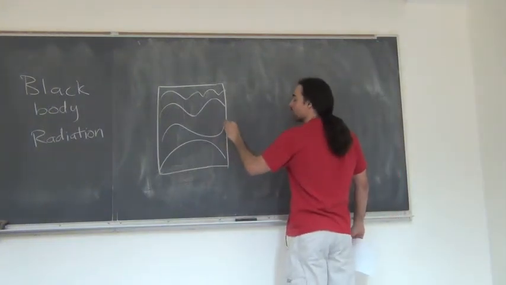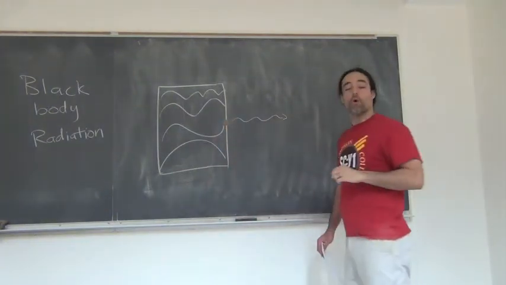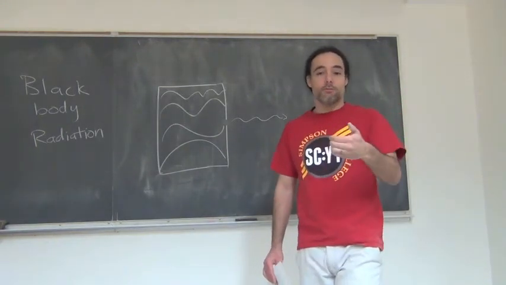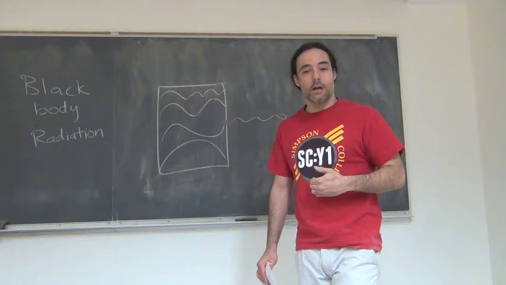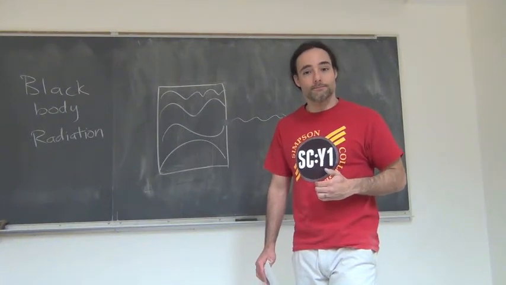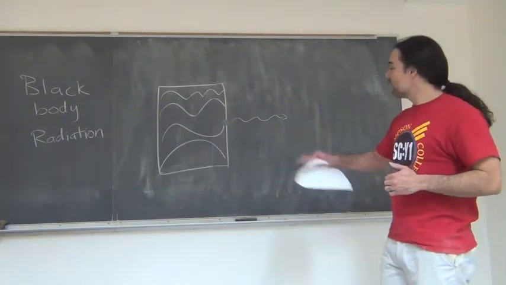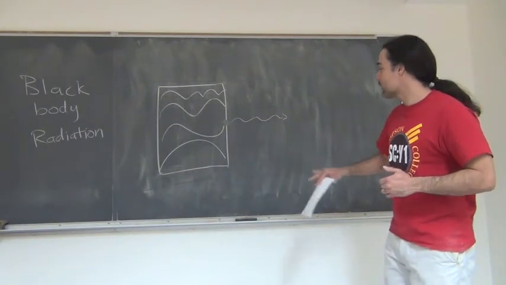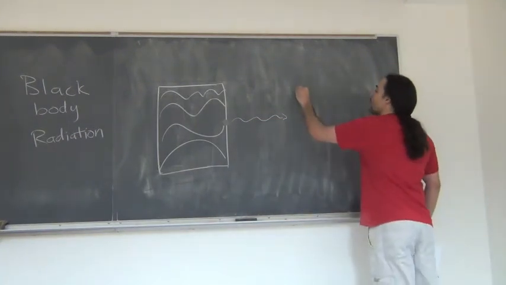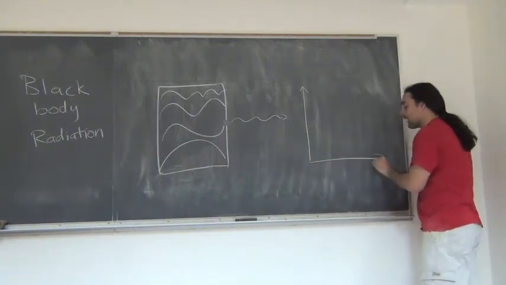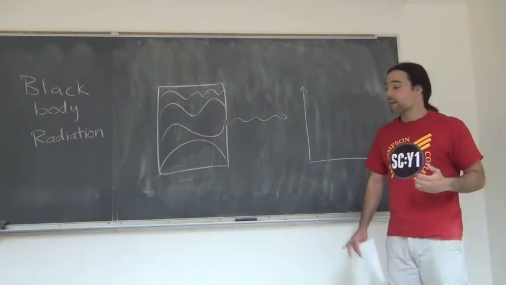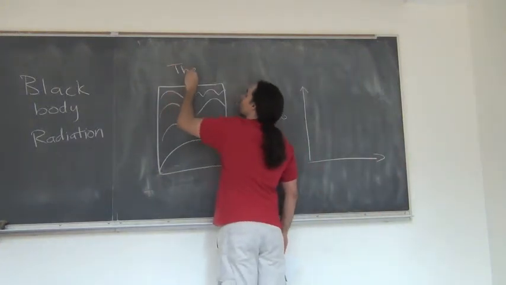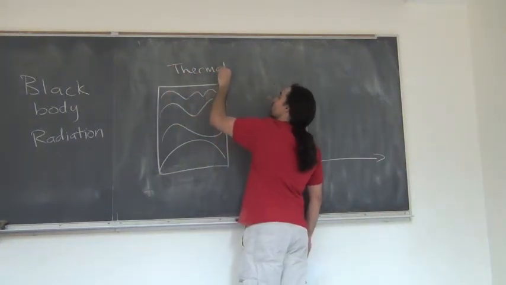But occasionally, some of the light will escape out of the box through some hole. When the light comes out, you can see what color it is, and you can measure how much of each color comes out. So physicists made a model of this, and they predicted what intensity of light you should get for each different wavelength by assuming that this was just some object that was in thermal equilibrium.